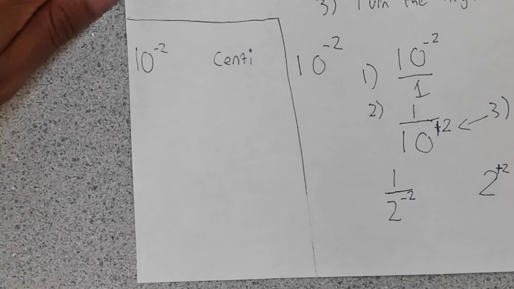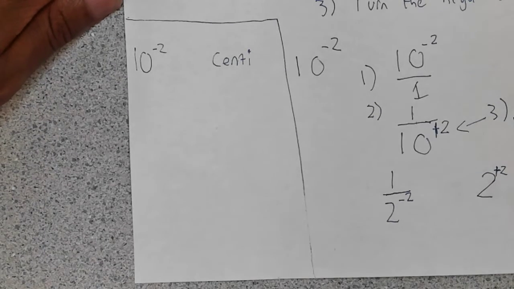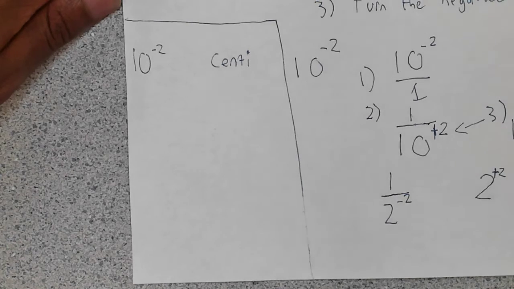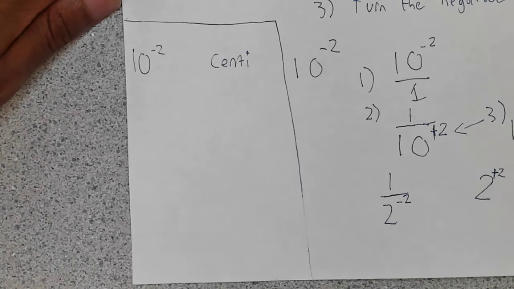So what I like to do is imagine something that I'm more comfortable with. I'm comfortable with meters. A meter is about a yard, about 3 feet. That's easy to work with. The meter is a base unit, which means that it's not going to be like a centimeter, for example, or a kilometer. It's not going to be some sort of extension of the base unit.